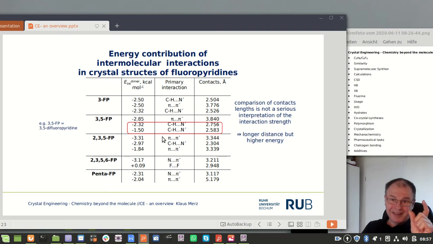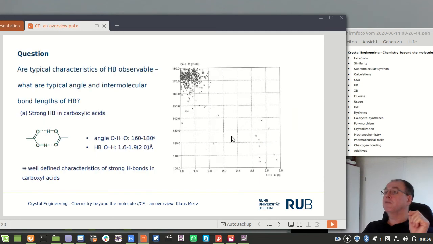Very nicely, we have seen sometimes longer distances have a higher energy. So be careful when analyzing intermolecular interaction. Don't only have a look at the distance.